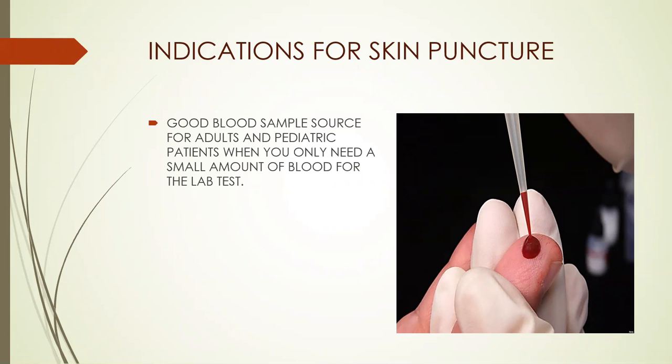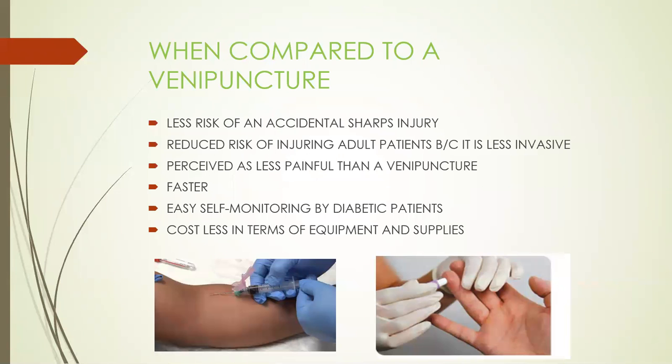An indication for skin puncture is a good blood sample source for adults and pediatric patients when you only need a small amount of blood for the lab test. And when compared to getting a venipuncture, dermals cause less risk for an accidental Sharps injury, and reduced risk for injuring adult patients because it's less invasive, so you are not likely to cause any nerve damage.